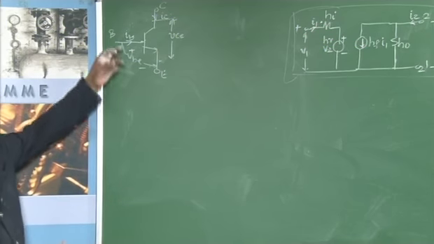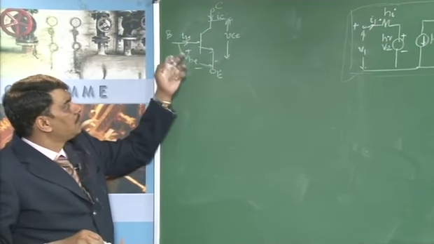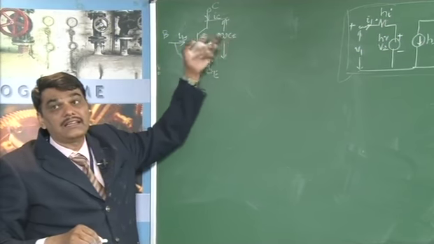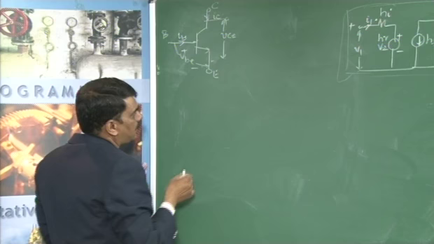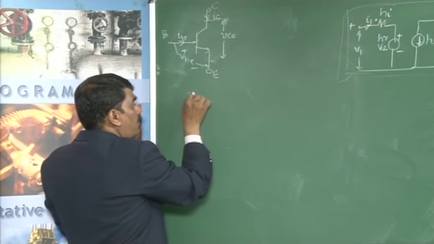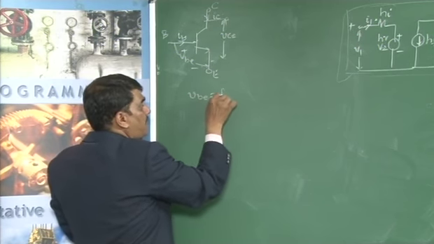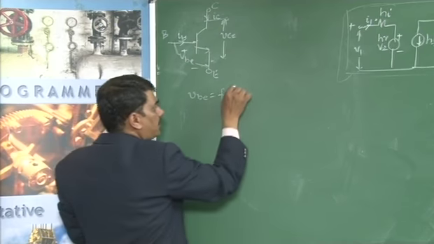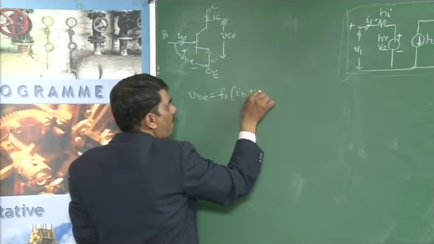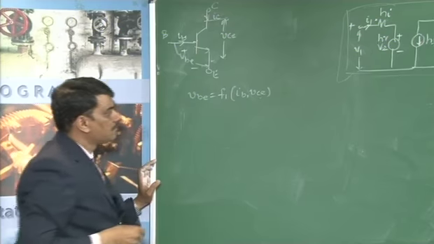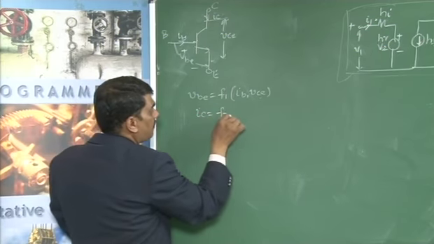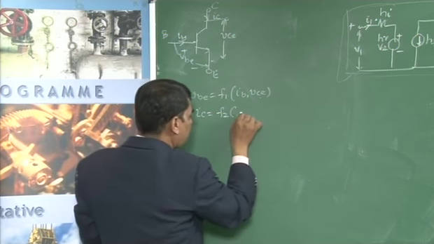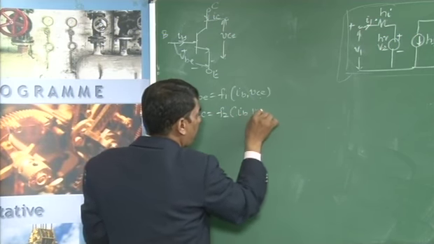Then how are these input current, output current, input voltage and output voltage related? From the transfer characteristics, we know that the input voltage VBE is some function F1 of IB and VCE, and similarly the output current IC is some other function F2 of IB and VCE.